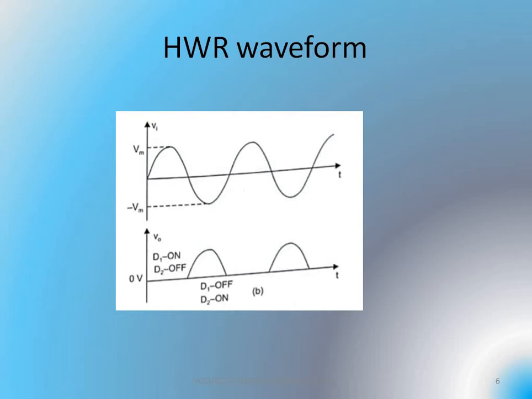If you change the input to the non-inverting terminal, then only for the negative half cycle you will get the output, whereas that output will be only in the negative direction. It will not be in the inverted mode of operation. So here you can find that only one half of the input signal is processed at the output, and that's why the circuit is referred to as a half wave rectifier.